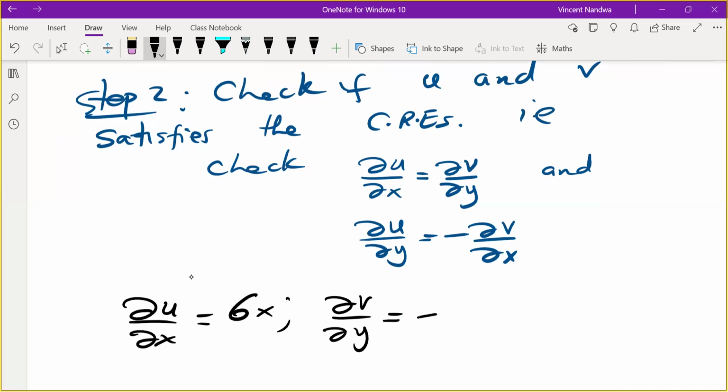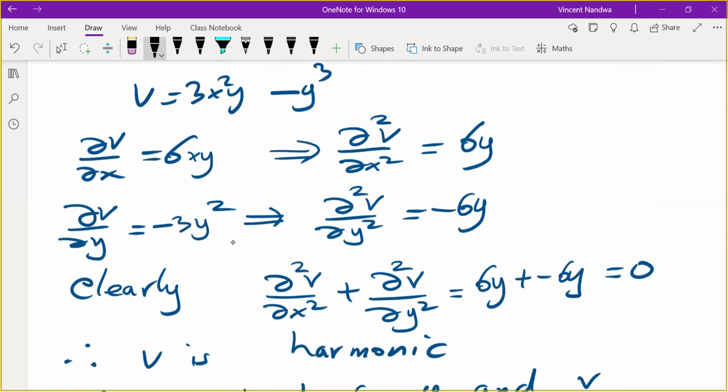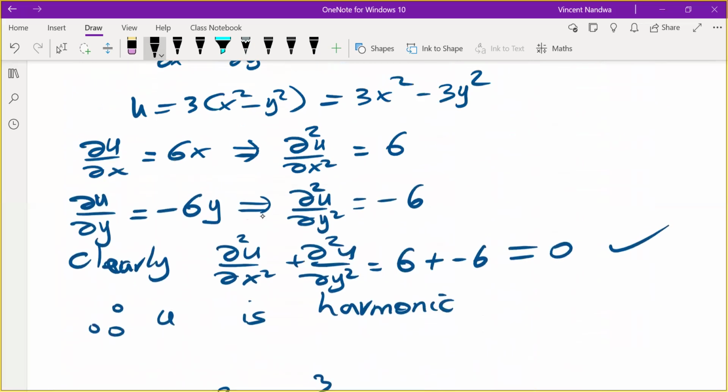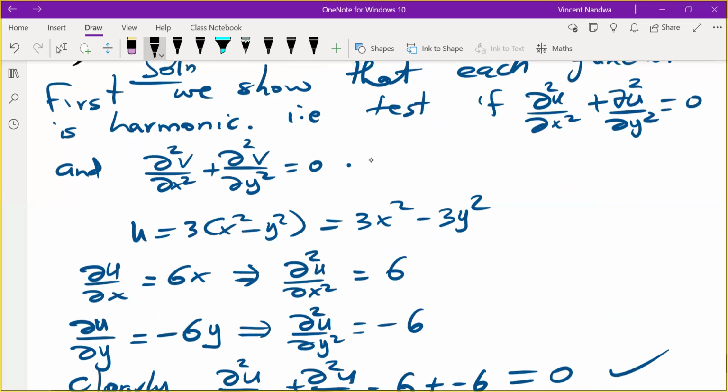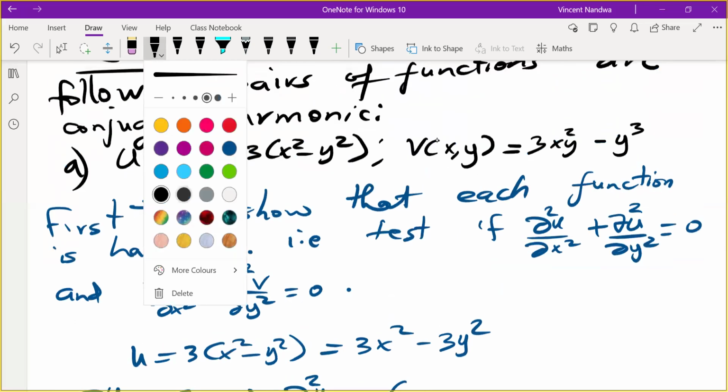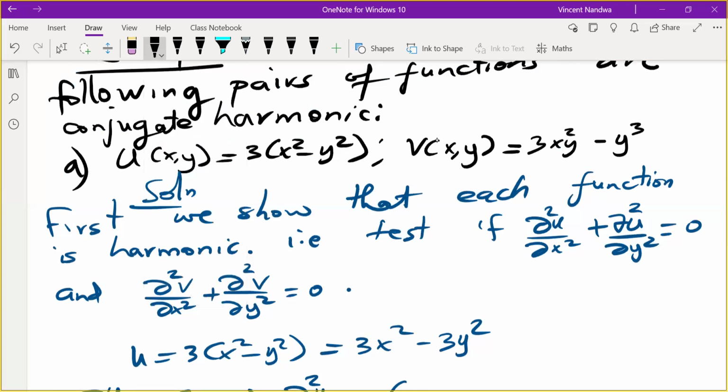Minus 3y squared. So was this partial v partial y correctly computed here in the previous step? When you differentiate this with respect to y, is the answer just minus 3y squared?